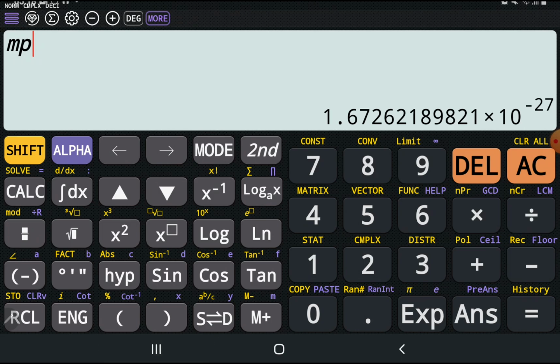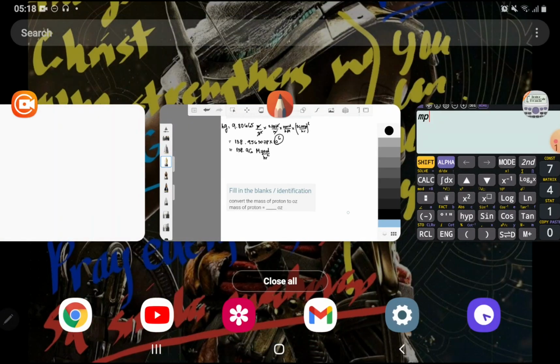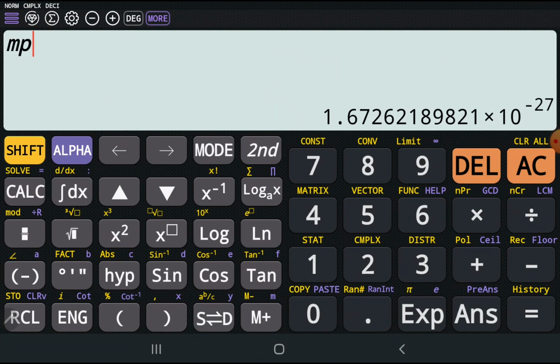Ang hinahanap natin is in ounce. So, simple conversion lang ulit. Shift times 1,000 multiplied by 1,000 times multiplied by 1,000. Bakit multiplied by 1,000? Because 1 kilogram, we have 1,000 grams, right?